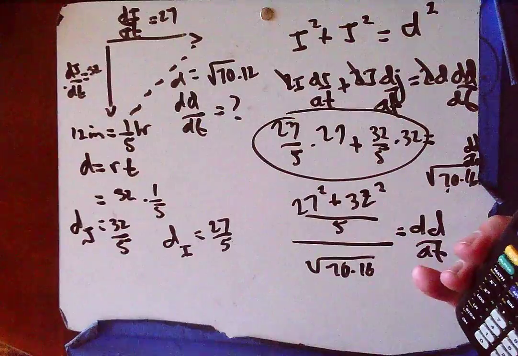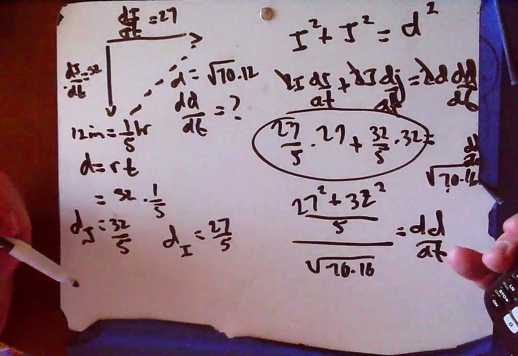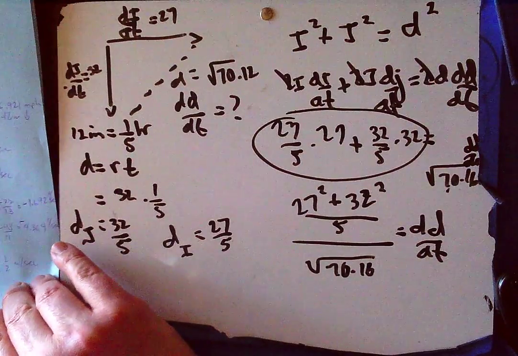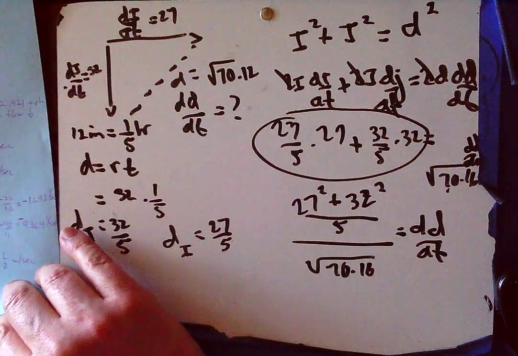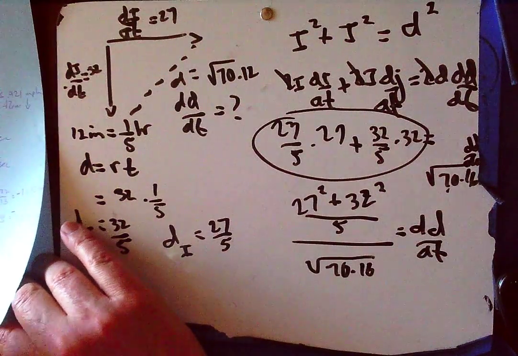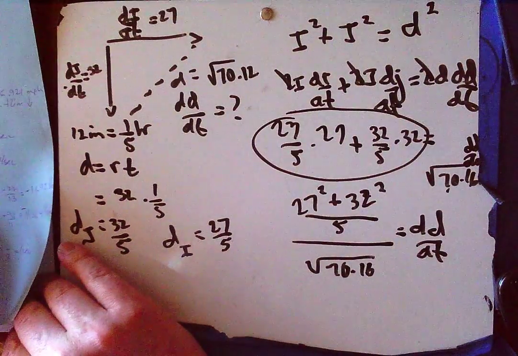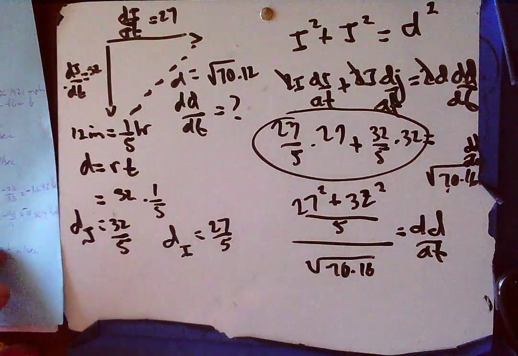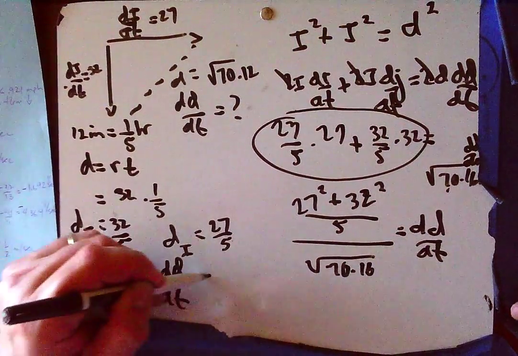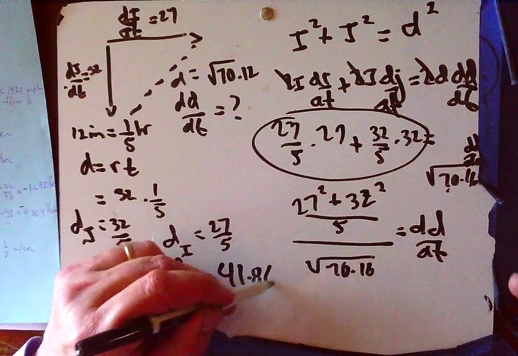And I get the same number. That's very interesting, maybe even disturbing. Definitely interesting. Oh, there it is. So it turns out that the answer was, in fact, dD/dt equals 41.869.